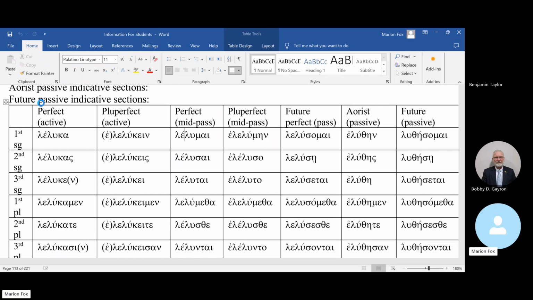Now, if you have a Thayer's lexicon, if you happen to have one, it will tell you the forms of them in the lexicon. So I'm going to look up Akouo in Thayer, if you happen to have Thayer. I don't know if you do or not. Okay.